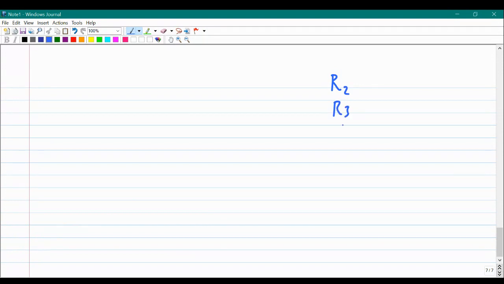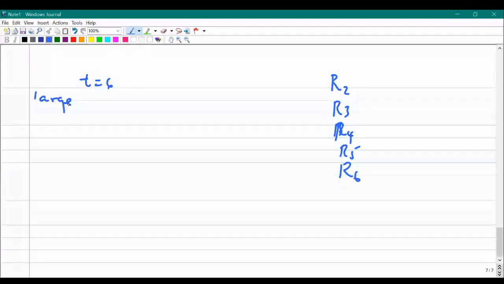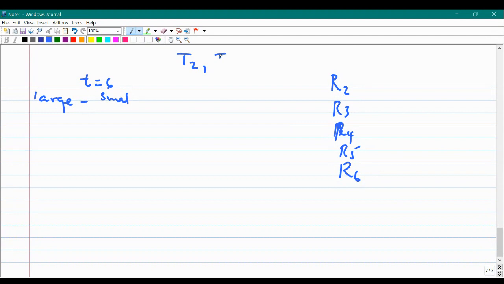How many treatments do we have? Let's say 6. R2, R3, R4, R5, R6. So you say largest minus smallest. Let's put them assuming that this is the order.